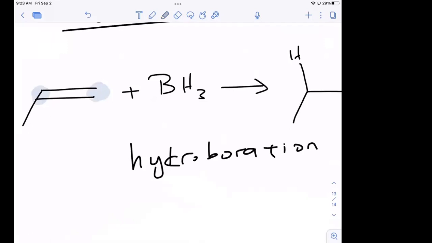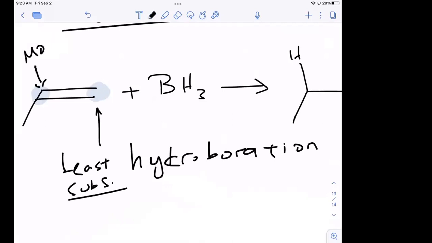But it also has a methyl group attached to it. So this is the least substituted side. And this would be the most substituted side. There's some other nuances to this mechanism as far as why the boron adds the way it does, and so forth. All right.